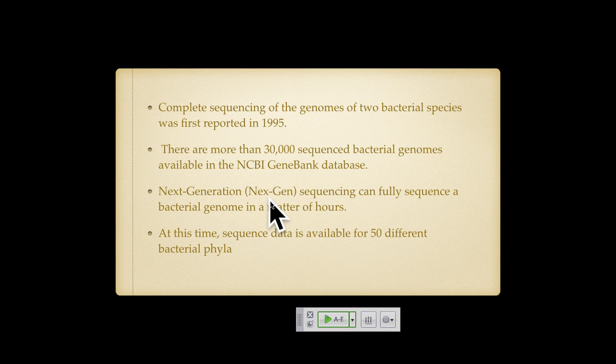And what I wanted to show you is that it's gotten so fast now that most of these facilities, if you found some new novel bacterium, could sequence the genome in a matter of hours. You could almost have it done before lunch. And at this time, there's sequence data for at least 50 different bacterial phyla in the GenBank DNA database.